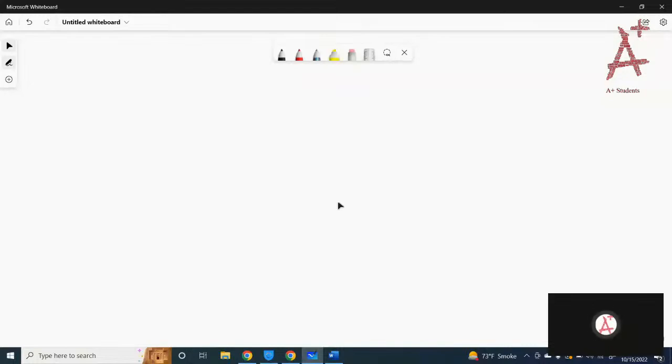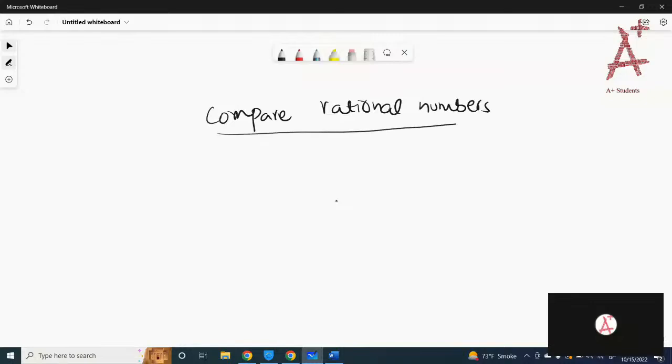Okay, the next one is compare rational numbers. Okay, so we have to compare rational numbers.